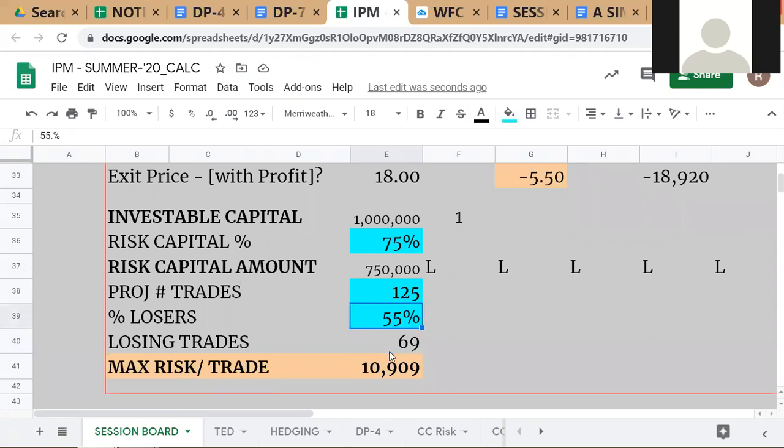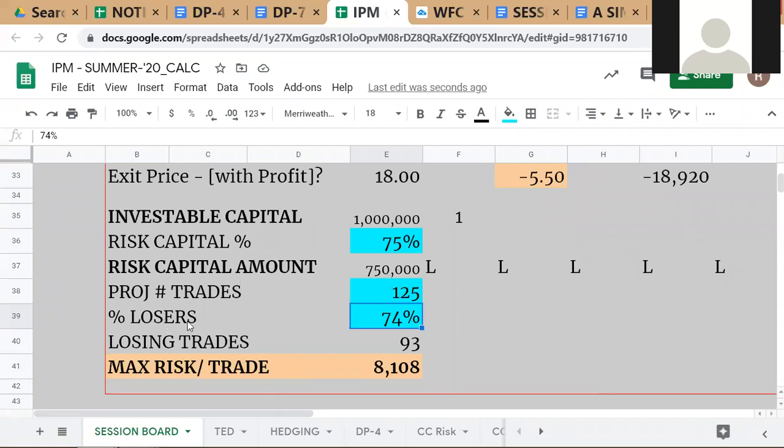But what happens is that I actually end up having a loss rate of 74%. So 93 trades. By the time I get to my 70th trade, as the losses keep piling up, every trade is a loss, one after the other. And by the time I get to my 70th trade, I have already busted my risk capital amount because this is not changing.